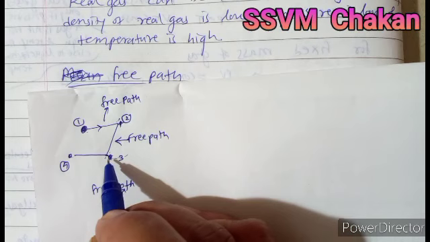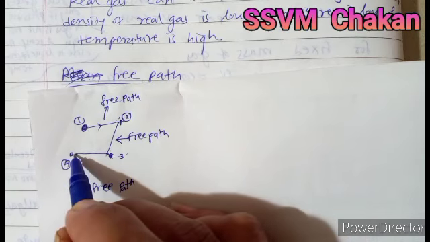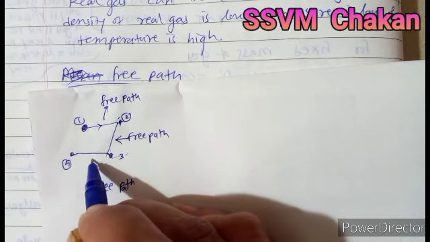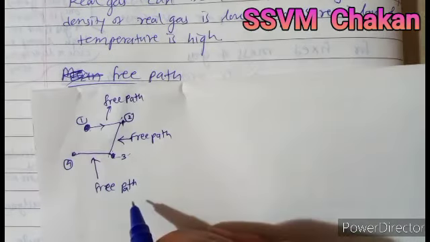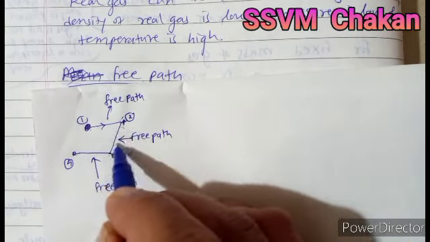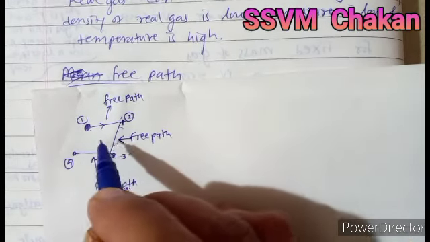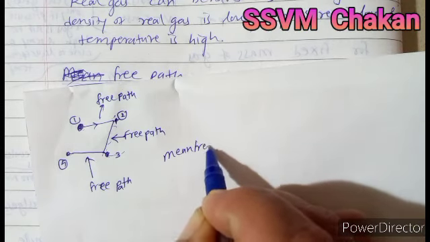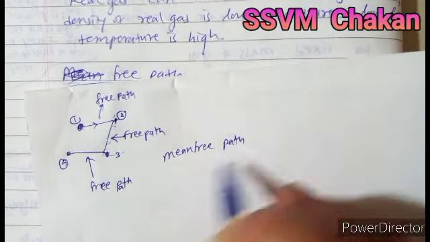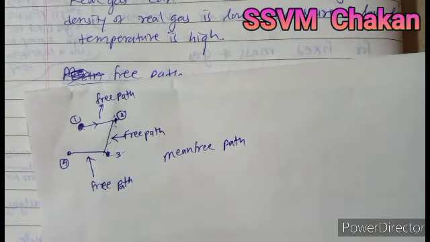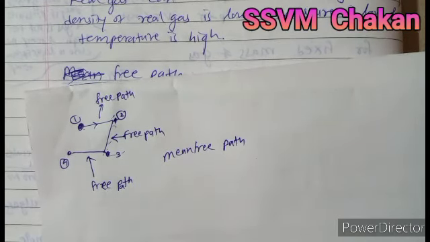When it collides with molecule 3 and travels toward molecule 4, the distance traveled is also a free path. So we calculate the average of all these three, and that average is known as the mean free path. That means the average distance covered by a molecule during two successive collisions.